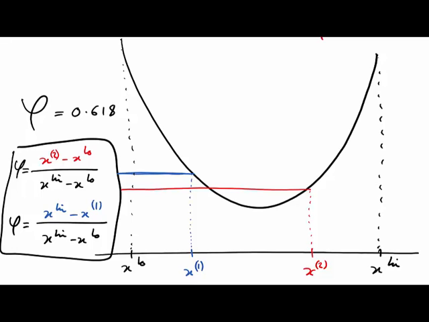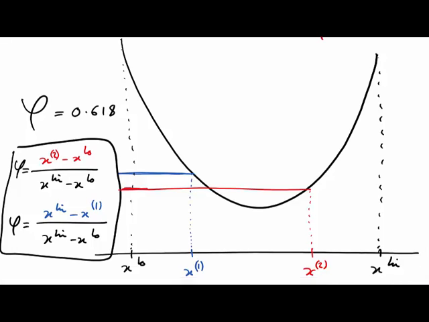Hopefully you can see that x2 is below the blue one, so the lower function value is at x2.